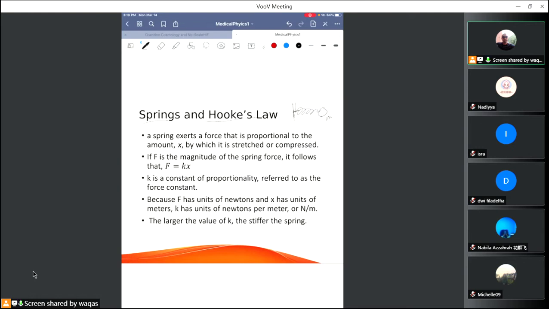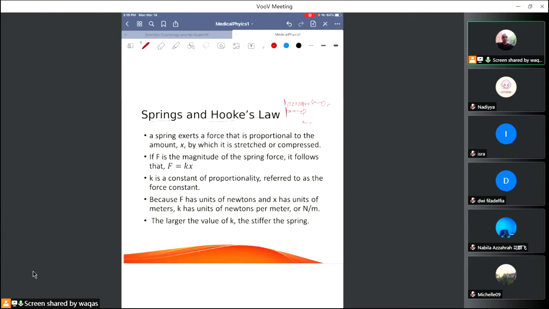If I apply a force on the spring, for example, this is my spring, and this is, for example, the x equal to 0 position. Now I want to stretch this spring here, so the spring moves some distance, for example, x distance.